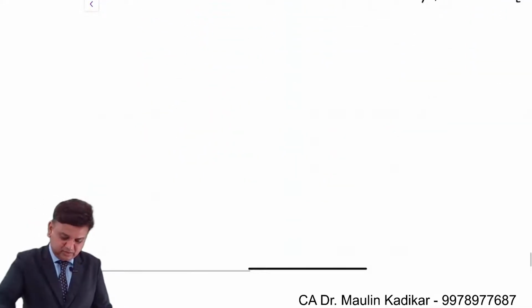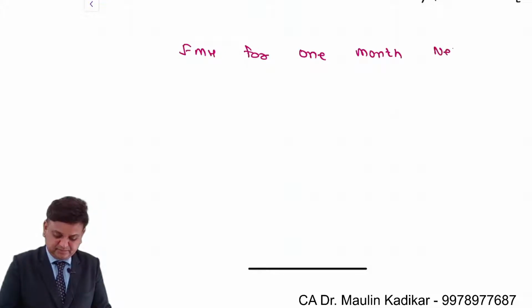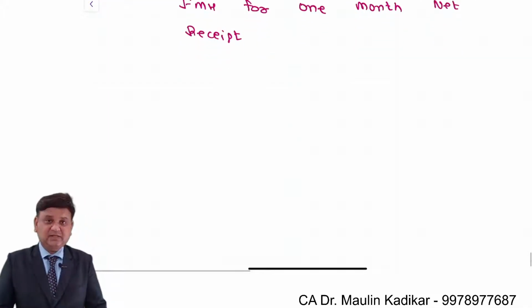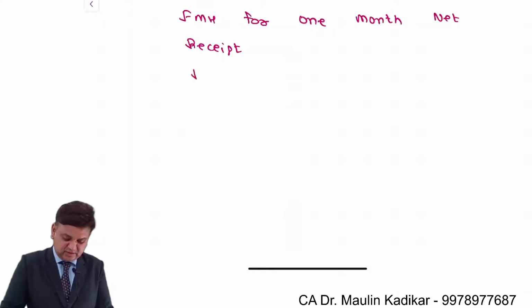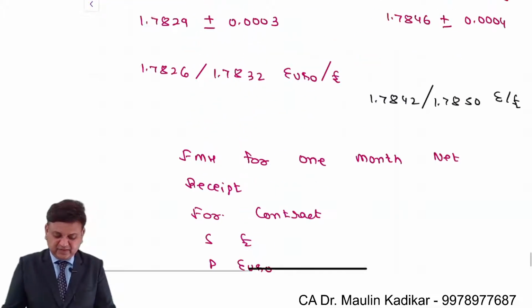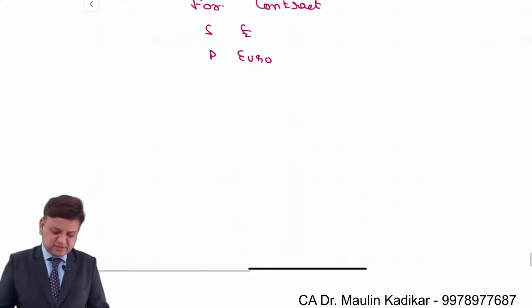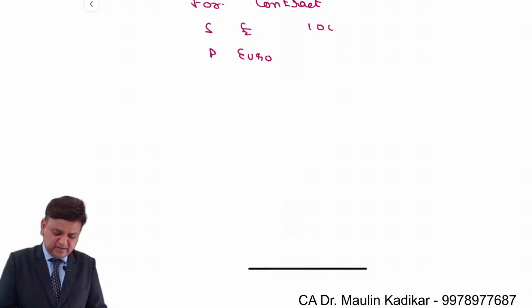Okay. Now, forward market hedge for 1 month net receipt. Please write down the answer. We understand it's a forward contract for conversion of pound into euro. When you convert pound into euro, you will receive a lesser amount of euro. So 1.7826 is the applicable rate, and this is for 1 lakh.